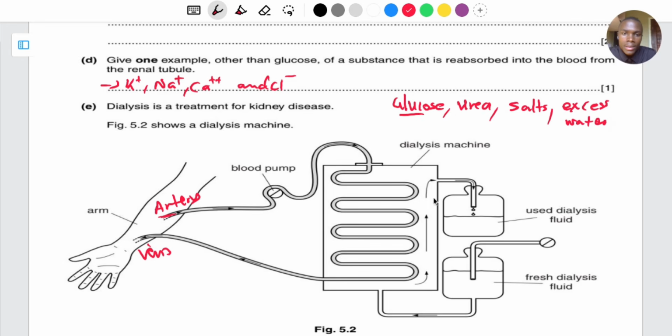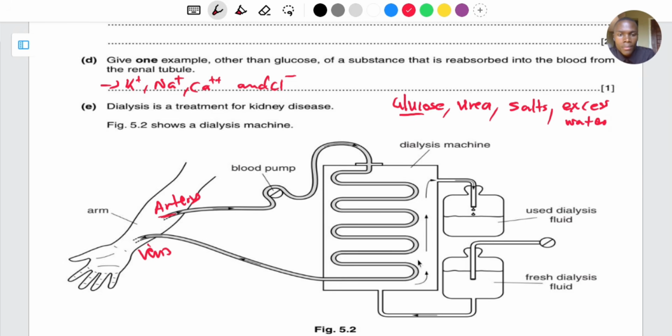That one has to be in high quantity in the dialysis tube, but outside the dialysis tube you need to make sure that there is no urea, so that you excrete urea by diffusion. Then when you talk of salts, they are high in the dialysis tube here, but here there should be no salts, as well as excess water. Here there should be less water, and here there should be excess water, so that they are filtered out.